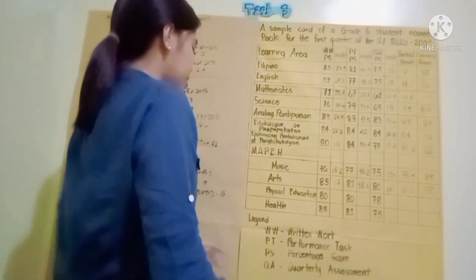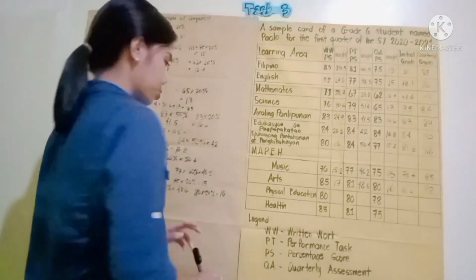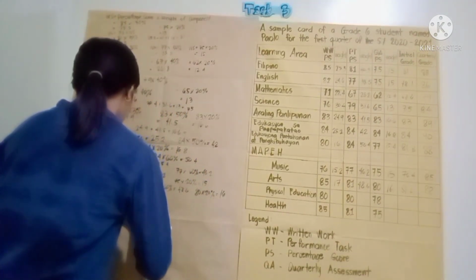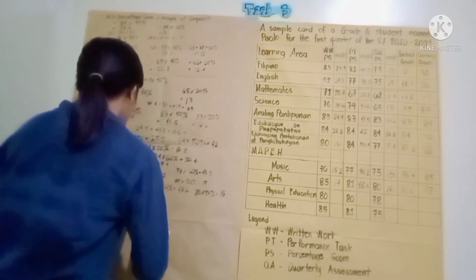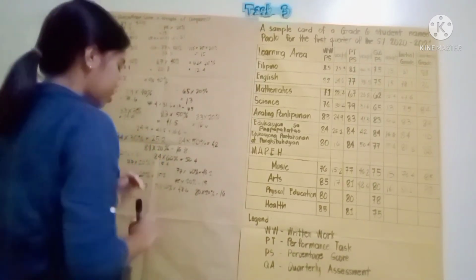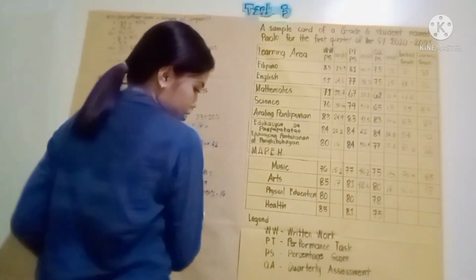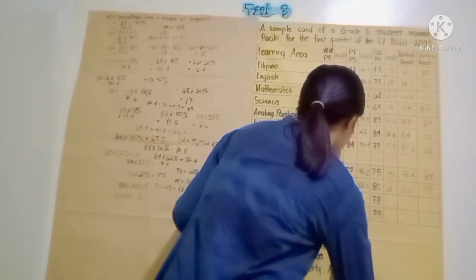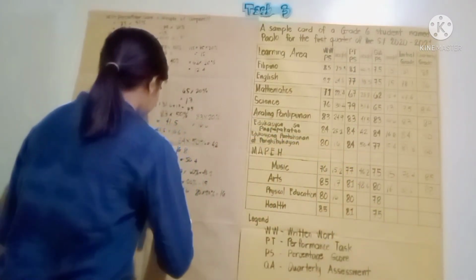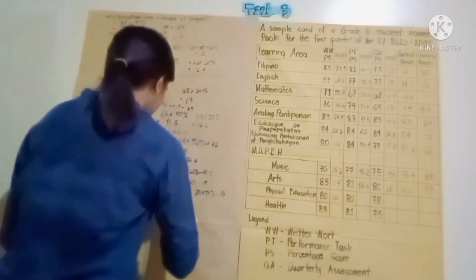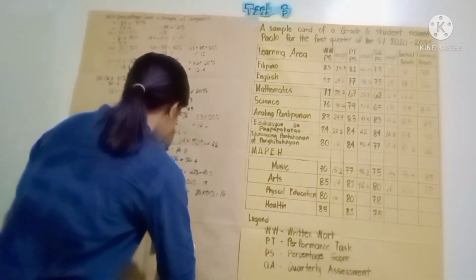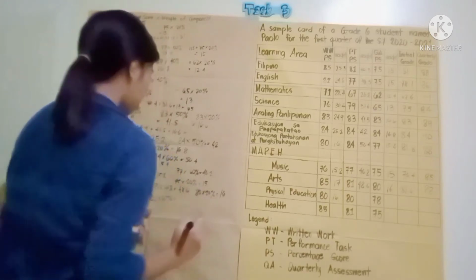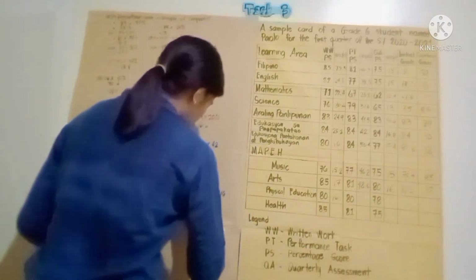Next is the grade for physical education. 80 times 20%, the weight of component in written works, is equal to 16. Next is 80 times 60%, which is equal to 48.